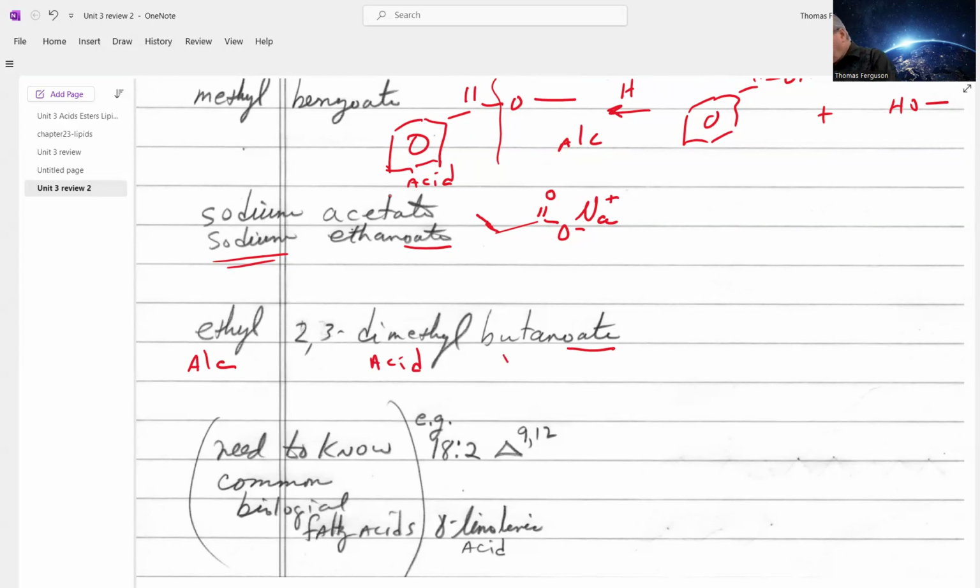So this is a 4-carbon acid. So we have the ethyl alcohol and butanoic acid.